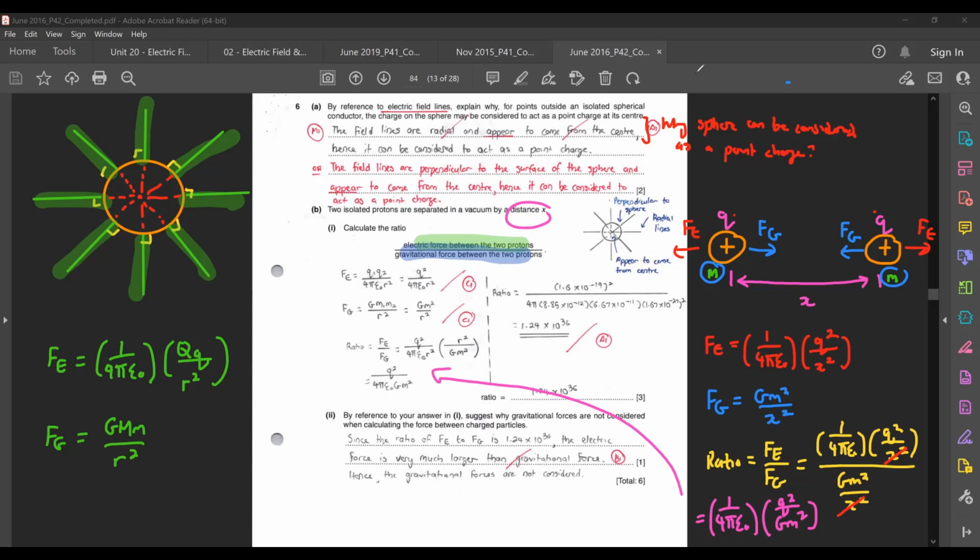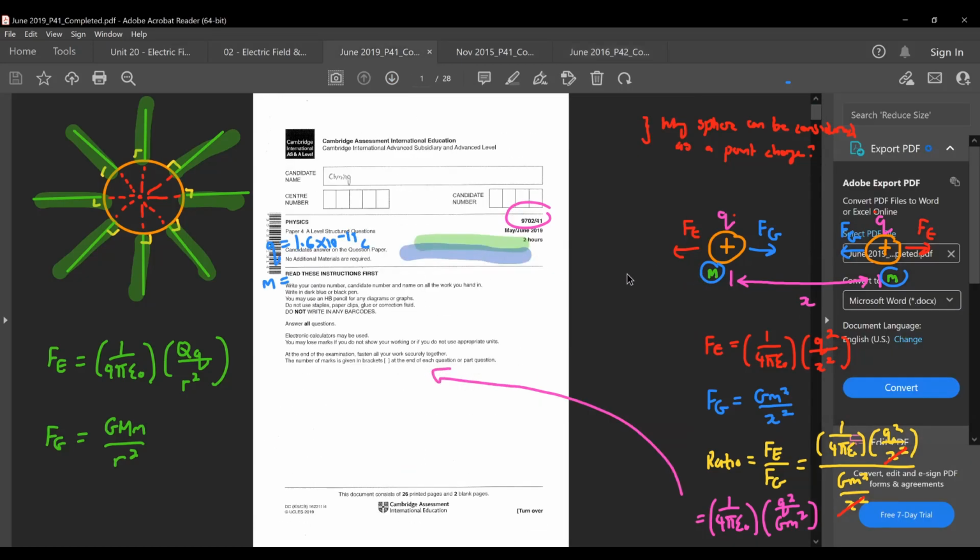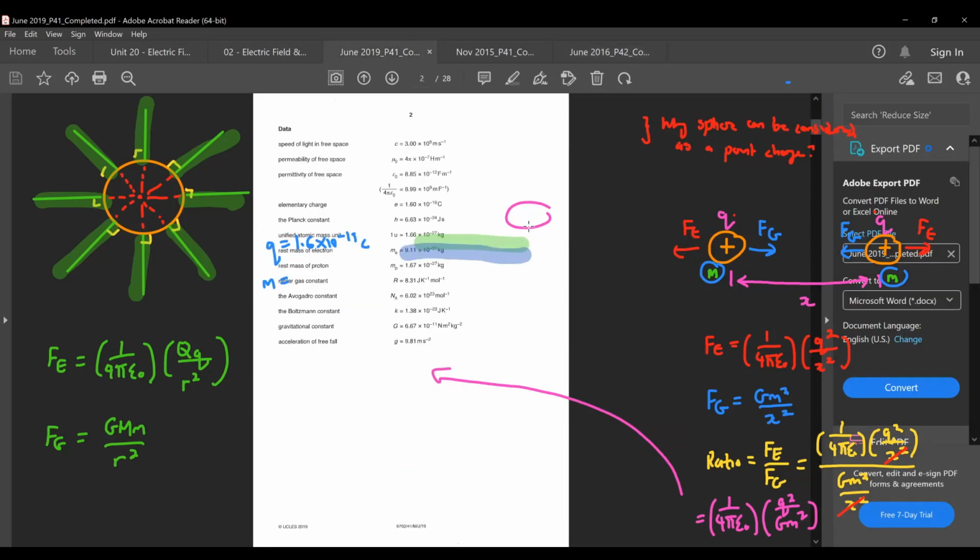The charge of your proton is going to be 1.6 times 10 power minus 19 coulomb. Then the mass of your proton, you can get from the second page of your data sheet, the second page of your exam paper.